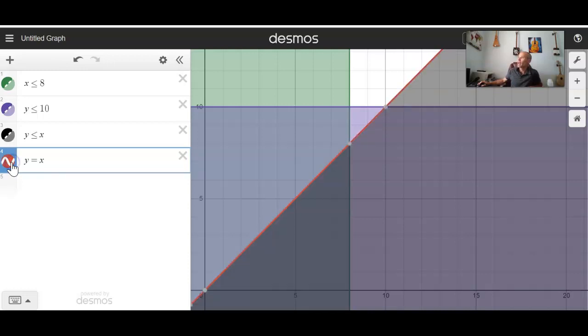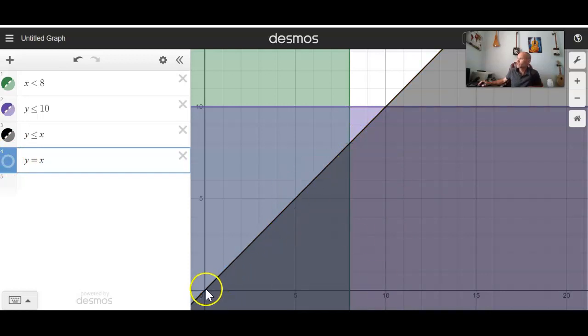Okay, that's where y and x are the same. But if you pick anything below that, for example, this intercept right here, 5, 0, well, 0, the y component, is indeed less than the x component for that ordered pair. So that tells you shading should definitely occur below this black line.